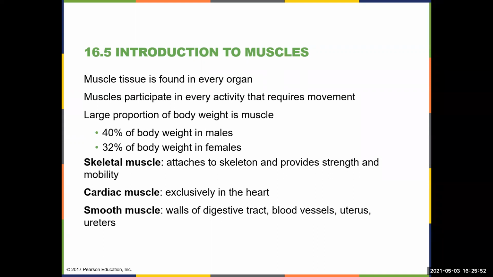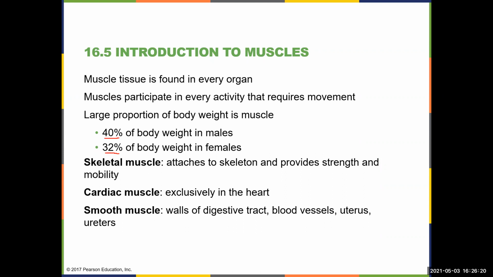And the muscles are what's causing that movement to happen. Now, on average, a considerable proportion of our body weight is in the form of muscle. So, for example, males have generally about 40% of their body weight being as muscle. Females, on average, is about 32% for muscle.